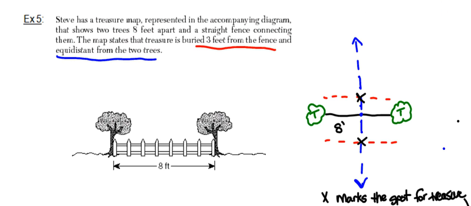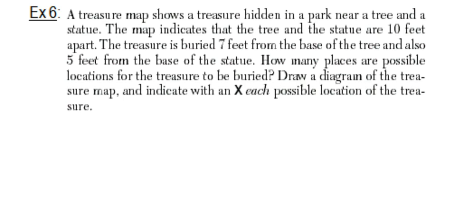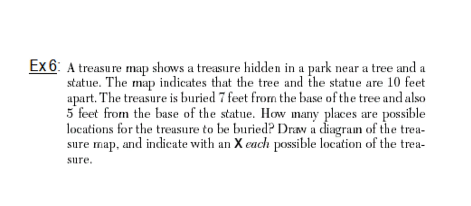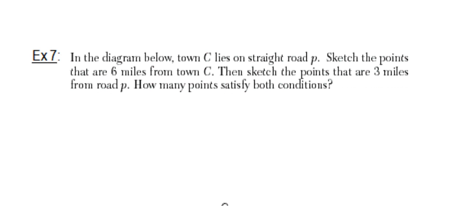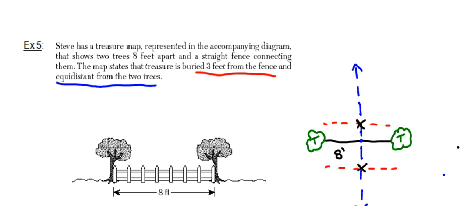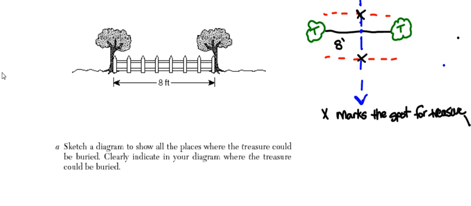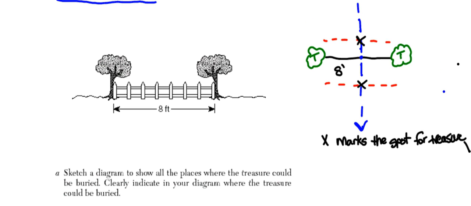All right, and then the second part of this question wants us to determine, I believe, how far it is from the tree to the treasure. So they want us to find this distance in here.